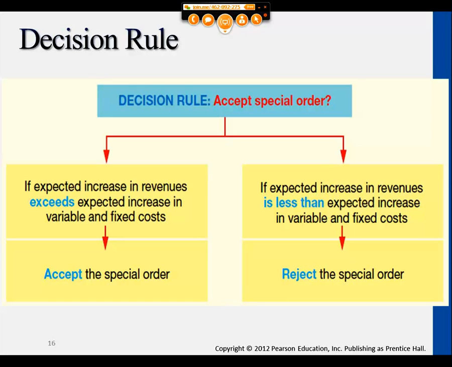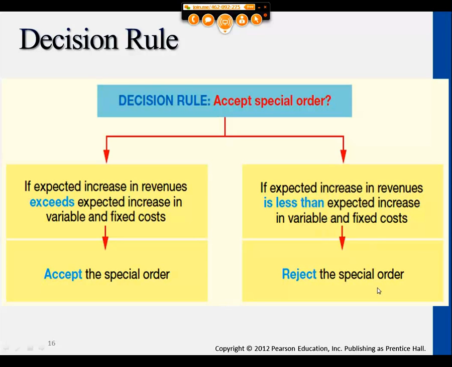So the decision rule is practically guiding you, should you accept or should you not? If the expected increase in revenue exceeds the expected increase in variable and fixed cost, then you will accept it. But if not, then you will reject. If the expected increase in revenues is less than the expected increase in variable and fixed costs, you will reject it.